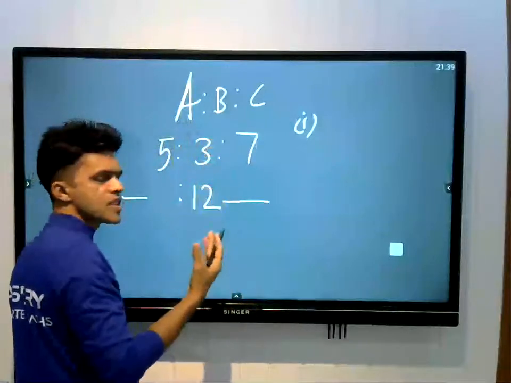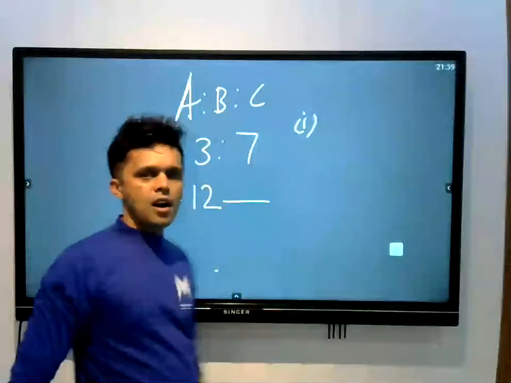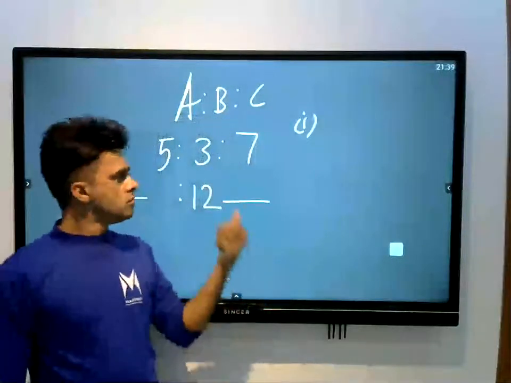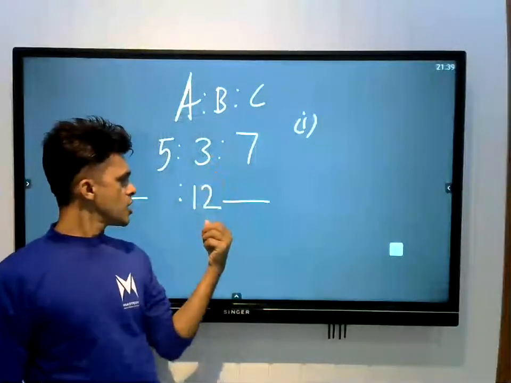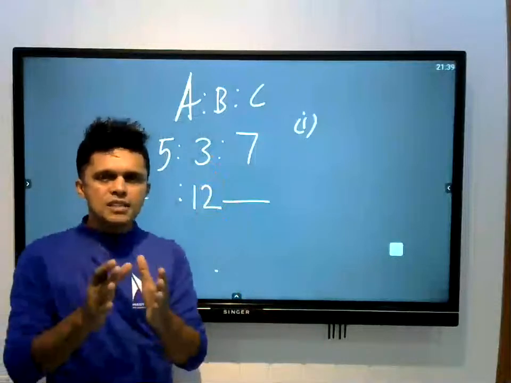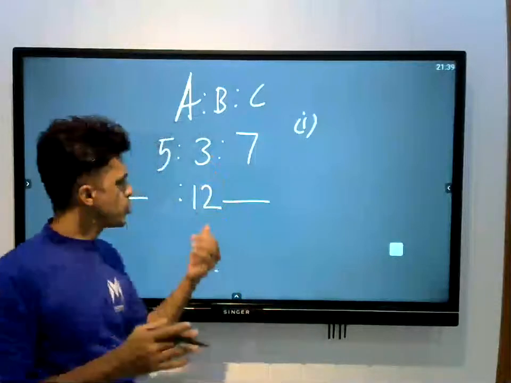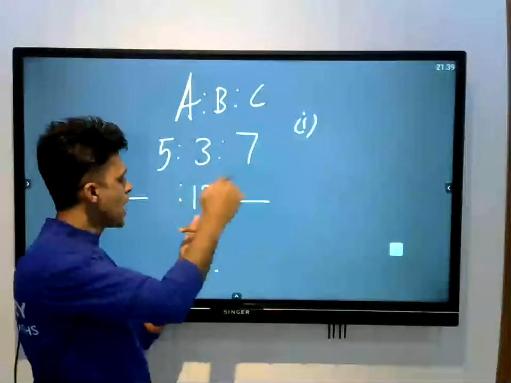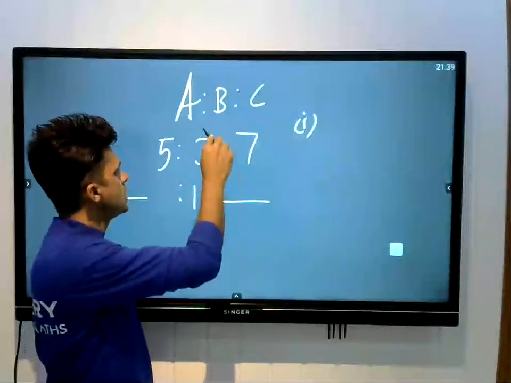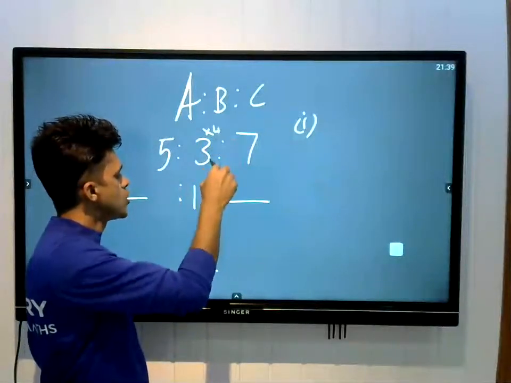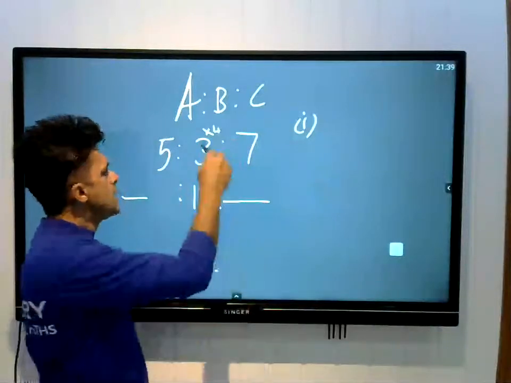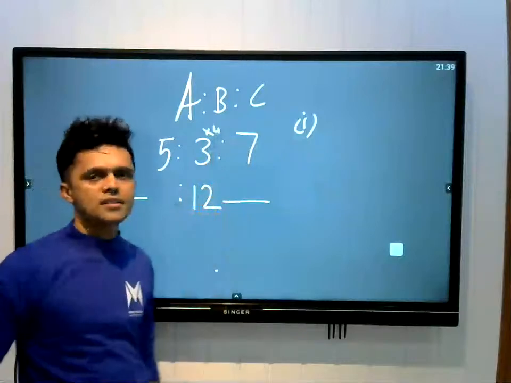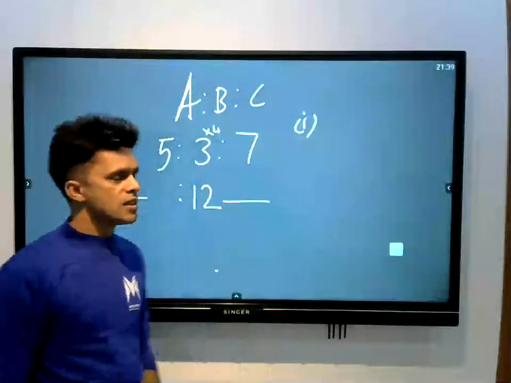According to the knowledge that you gained so far, what is the relation between 3 and 12? What is the digit you need here to get 12? 3 times 4 is 12.